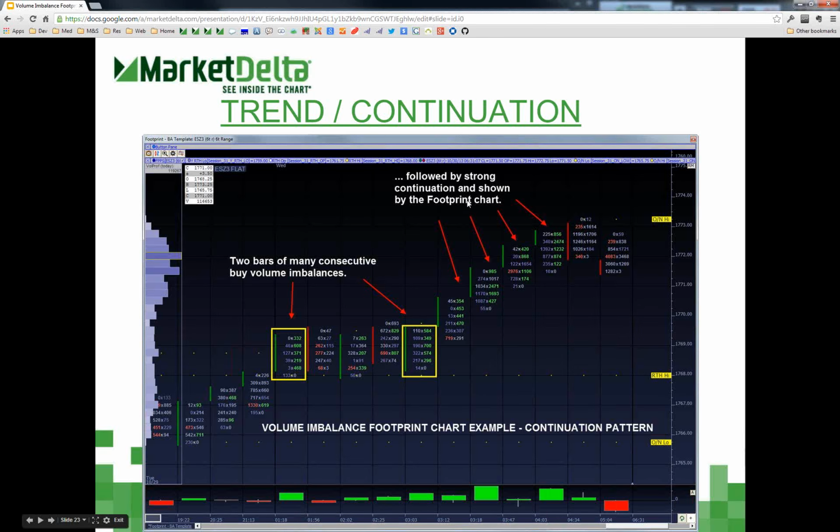So you get this follow through, and it's not until this bar. Let's take a look at this bar, because it's one thing to be on the trend, it's another thing to know when do I get out? When do I exit? Well, you exit when you start to see what took the market to that level be gone. What do I mean by that? Well, look at all the buy volume imbalances.